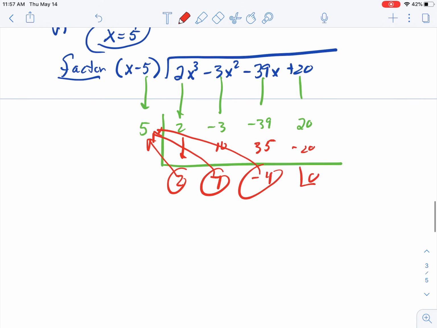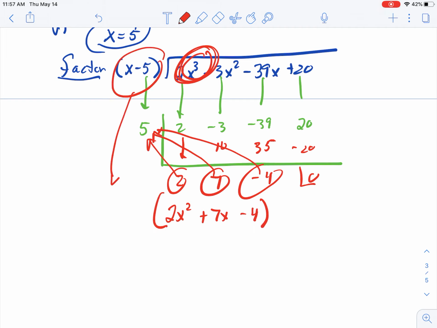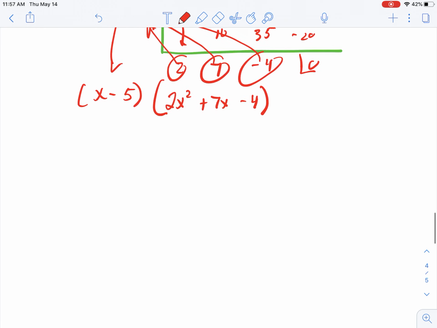The -20 and 0, which we should get. Okay, so reduce the power. We had cubed, now it's going to be 2x squared plus 7x minus 4. And bring down the x minus 5 because that was one of the 3.